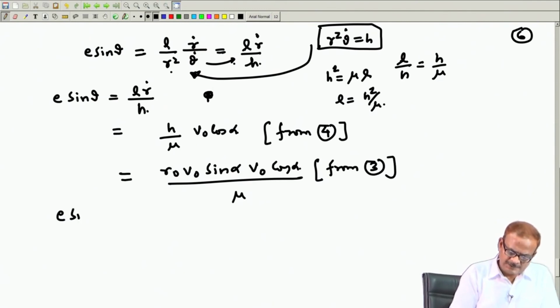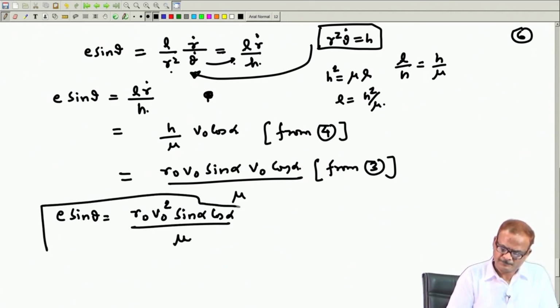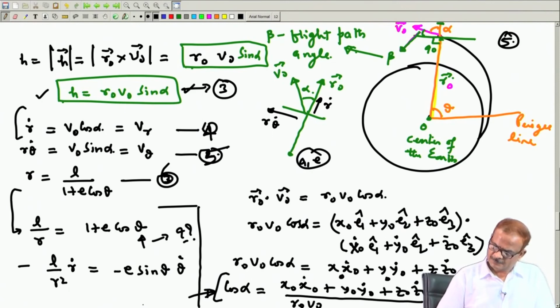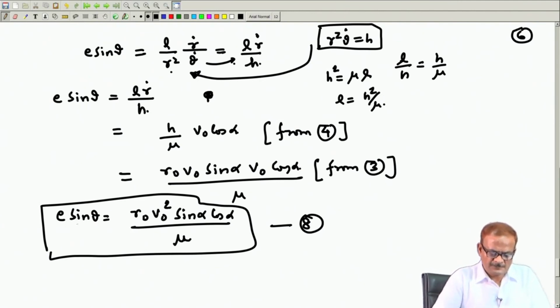So, E sin theta gets reduced to r 0 v 0 square sin alpha times cos alpha divided by mu. We will number this again, this is 7, equation number 8. And suppose we have another expression for E cos theta.